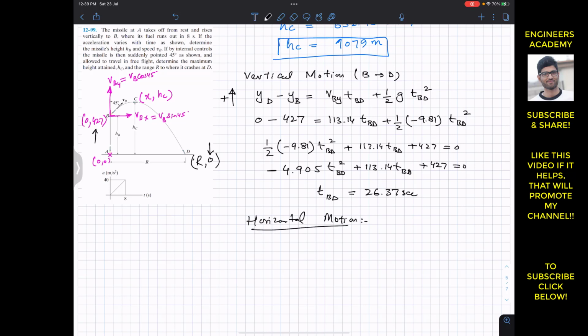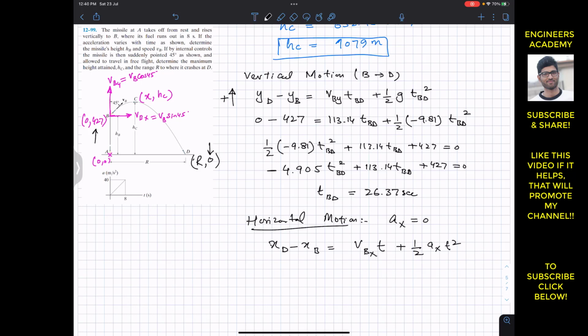As we know, for a free falling body moving with projectile motion, the acceleration in the horizontal direction is always equal to 0, since the horizontal component of the velocity remains constant. So we can write that xd minus xb is equal to vbx times t plus 1 divided by 2 ax into t square.